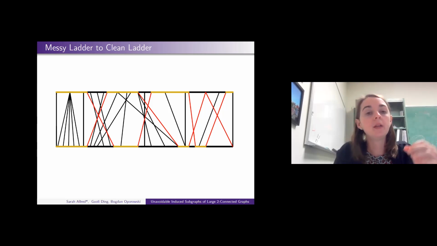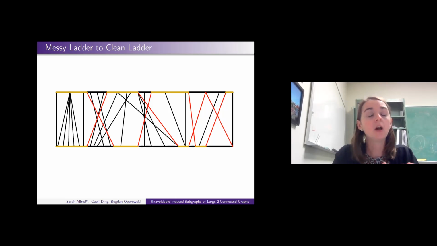Now notice between the gold and the blue, we partitioned the rails. So we've limited the order of the gaps and the order between in each cross. Since we've done that, and we know that this messy ladder is really, really big and our gaps are not that big, that means we have a lot of these crosses.